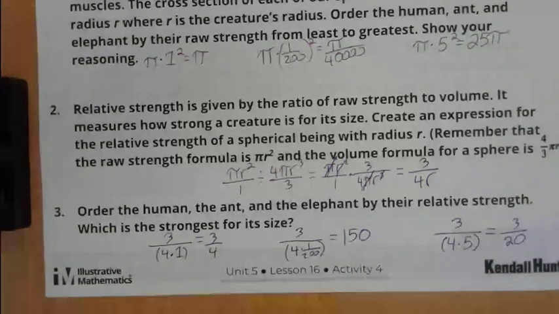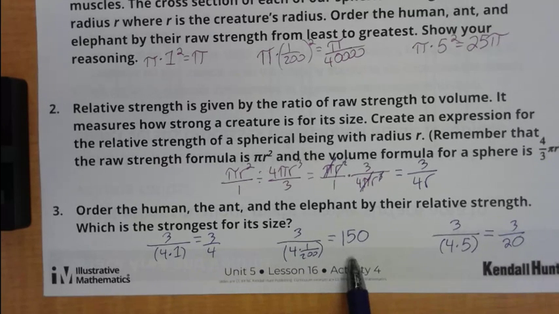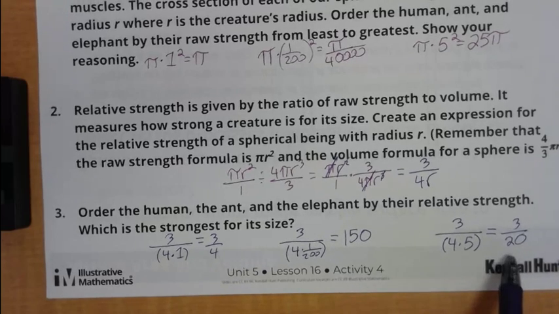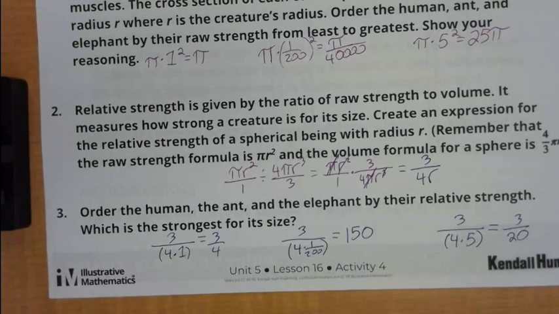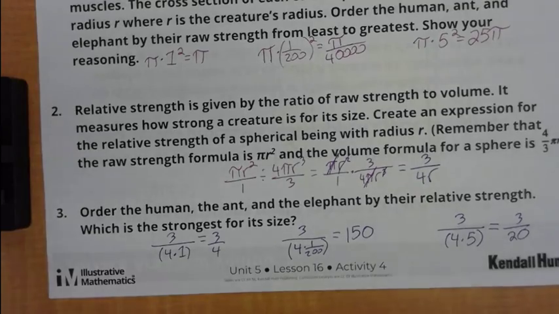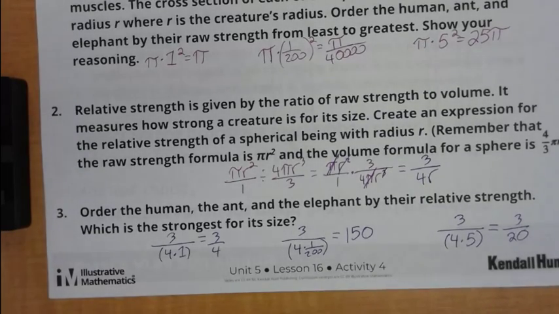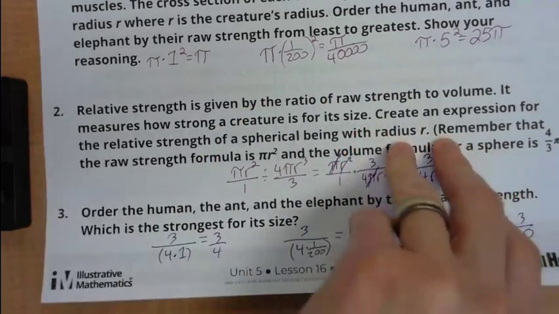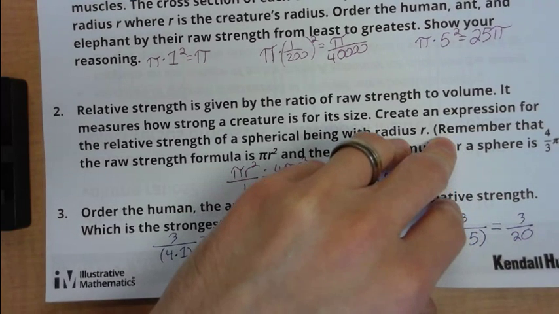So it turns out, based on the information we were given, that relative strength, compared to taking their size into account, is that a human is the middle, an elephant is the lowest, and an ant has the highest relative strength. And if you knew about how that animal works, you would probably agree that that makes sense based on what you have heard in the past.